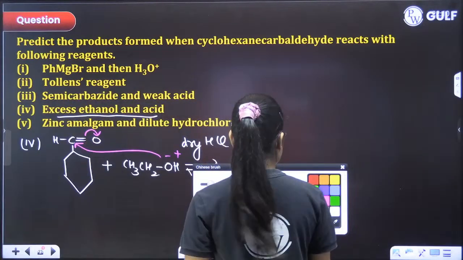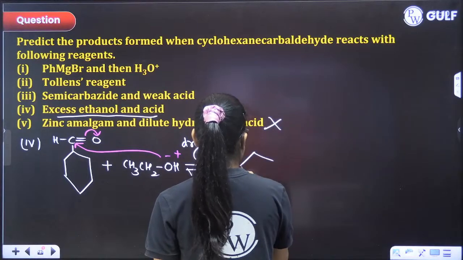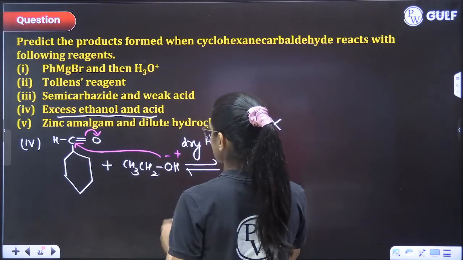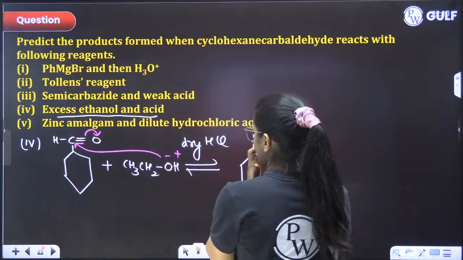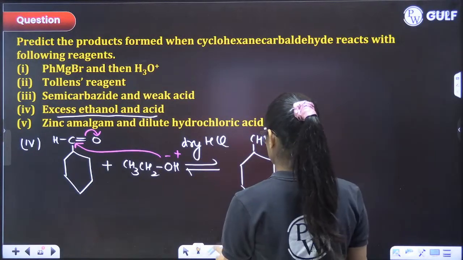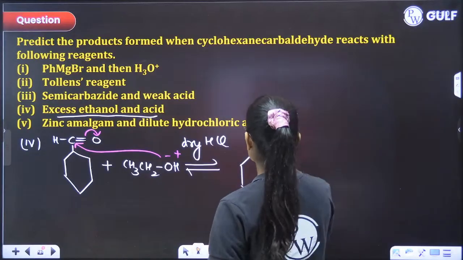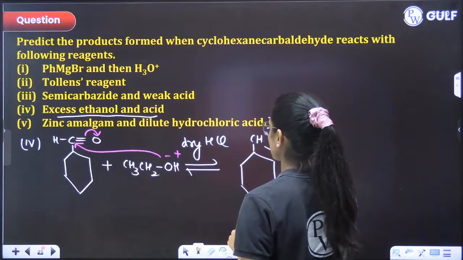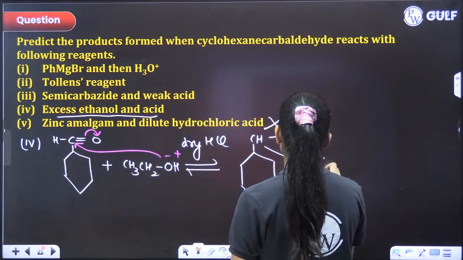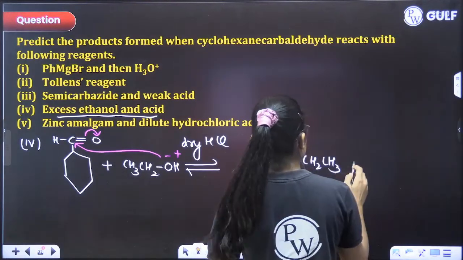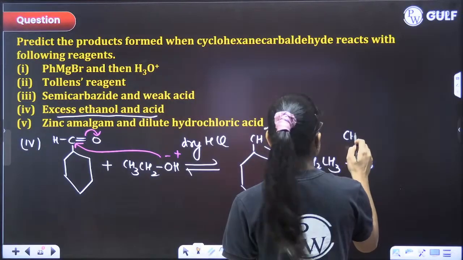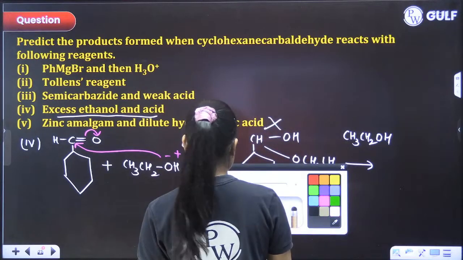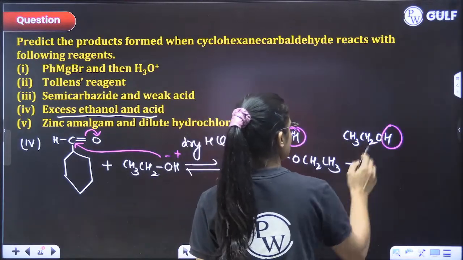So we'll get CHOH, OCH2CH3, and then it will again undergo reaction with CH3CH2OH. So what you will get here is removal of water, OH from here, H from here, water will remove.